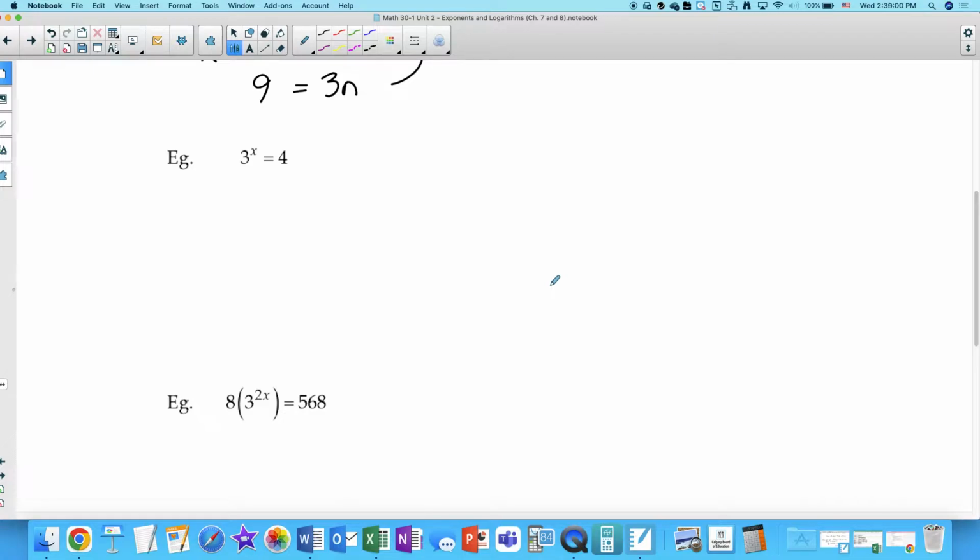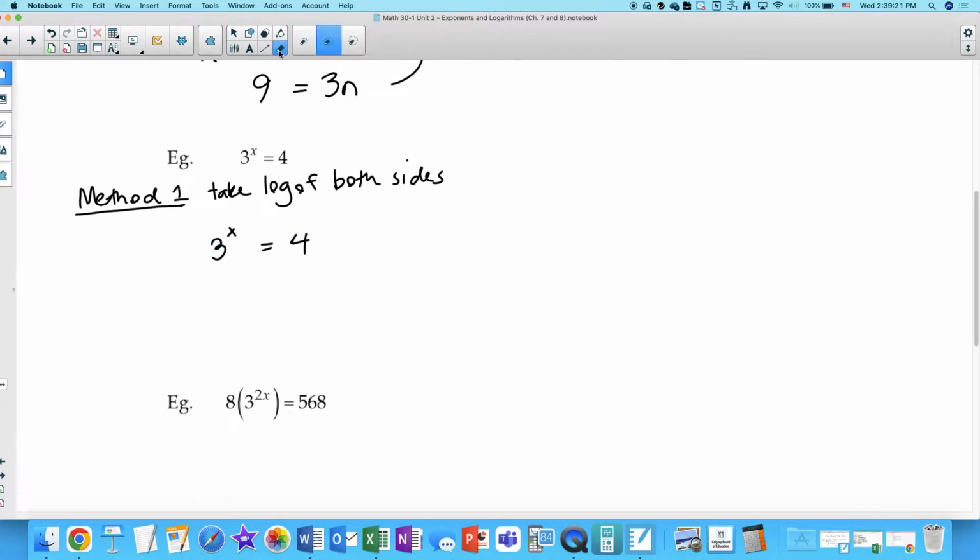So method 1. Take log of both sides. If I have 3 to the x equals 4, I should have spread that out a little bit more.